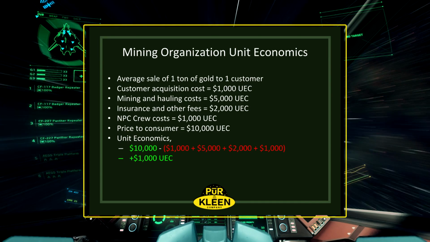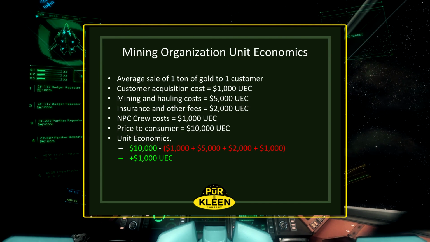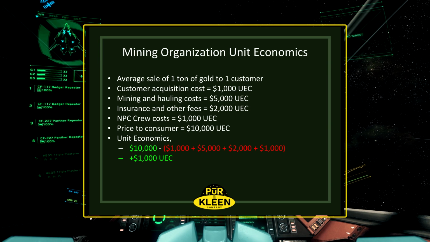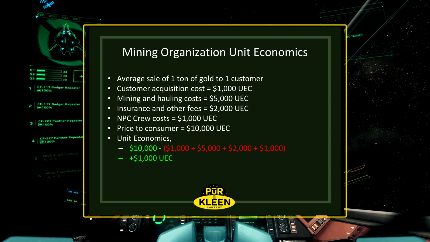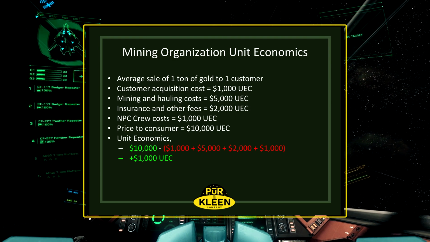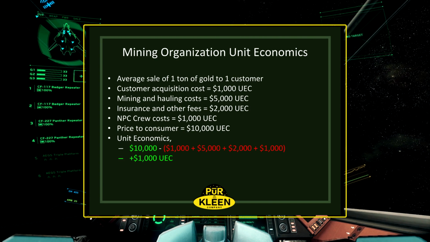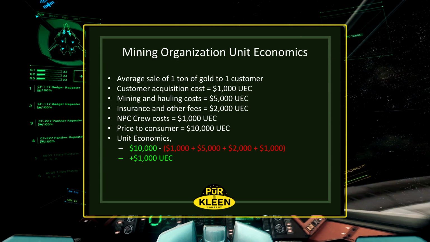Another thing that we can see is all of our assumptions in these numbers. So now we can identify what our average profit is and we can tweak each individual item. For example, we can see that our average cost for mining 1 ton of gold is quite high, so we may want to focus resources on lowering that number so that it's lower on average on an individual sale.